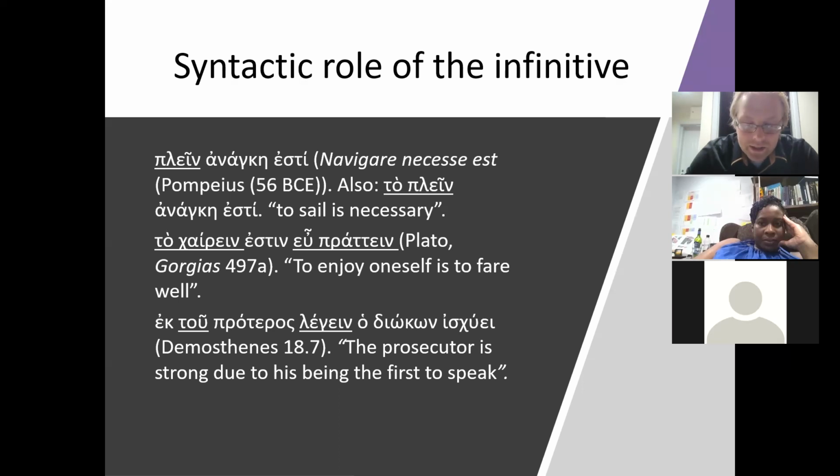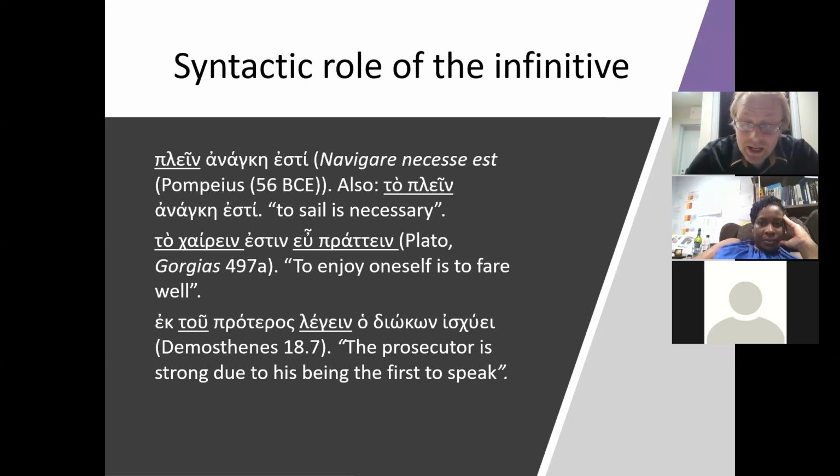In the Greek sentence "plain ananke esti," the infinitive plain means to sail, and the complement ananke esti means is necessary. So the meaning of the sentence is to sail is necessary.